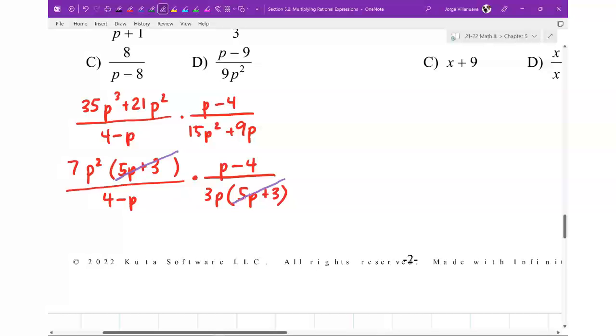All right, so 4 minus p and p minus 4, they almost match. If it was addition, I would say they match exactly, and I just have to cancel them out. But is it the same when you subtract and you mix numbers back and forth? Like if I say 2 minus 1, is that the same as 1 minus 2? Are those the same answers?